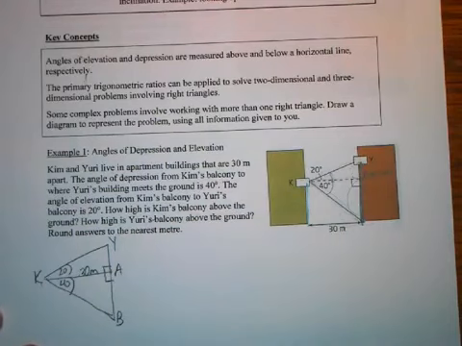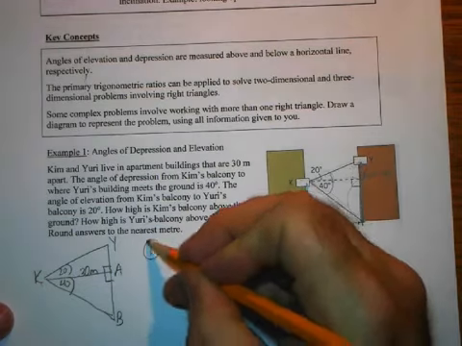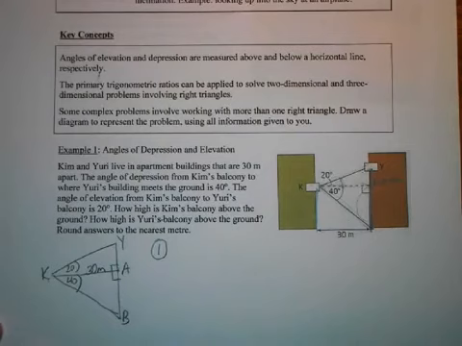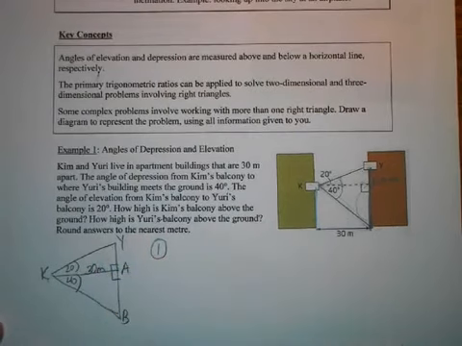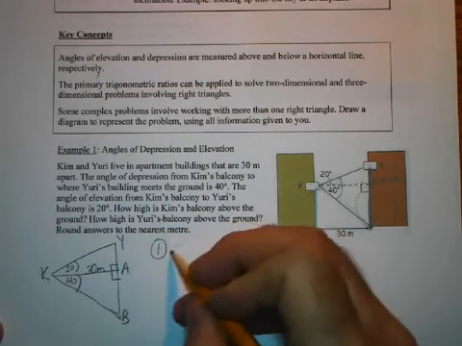So the first thing we're going to do is look at this bottom triangle. When you're dealing with multiple triangles, obviously you want to label the triangles so you can identify them. I'm going to do something in step one, and I want to talk about what triangle I'm using.